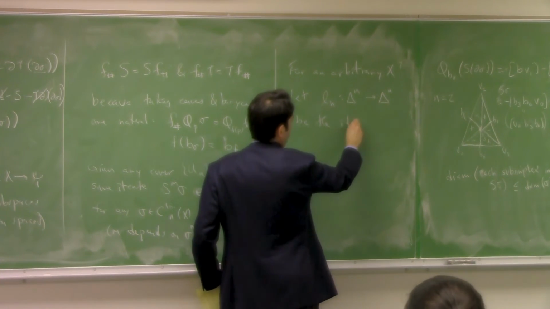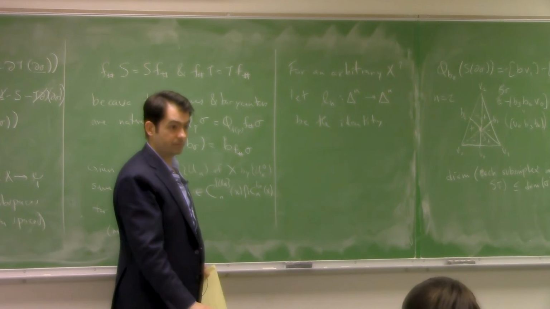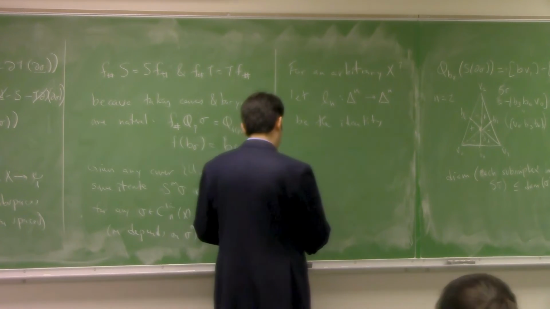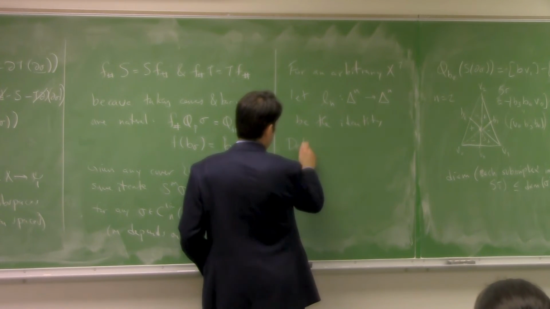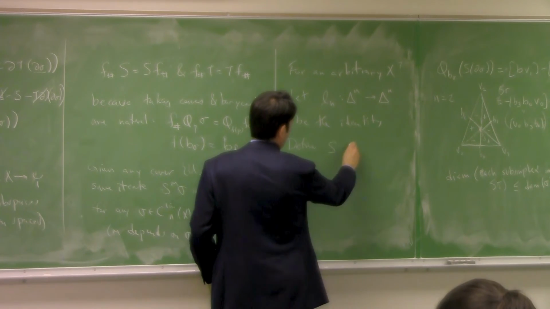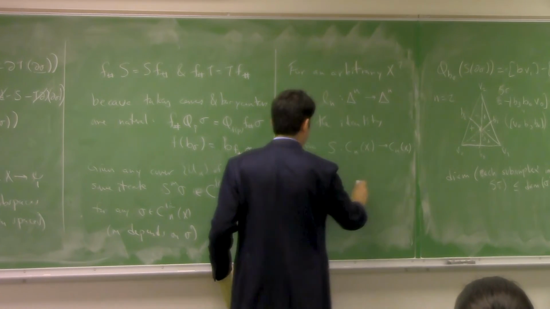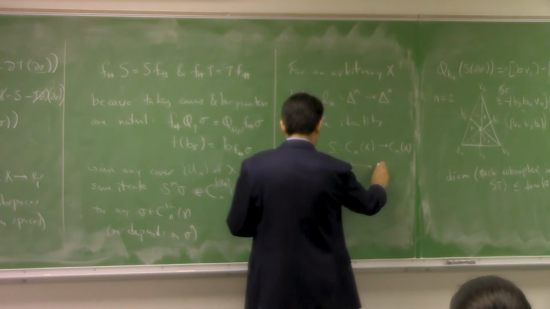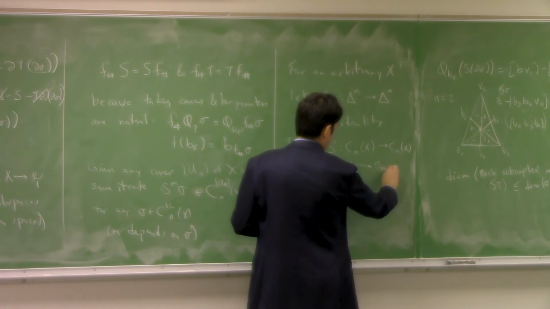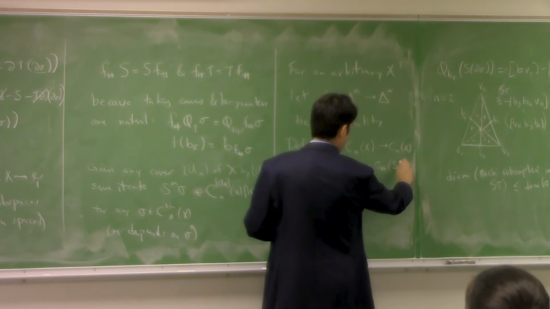It's just the identity. So define S from C_n X to C_n X by sigma goes to sigma sharp S of L_n.